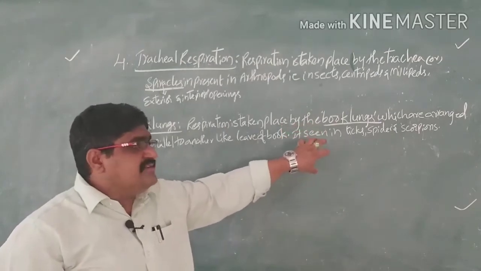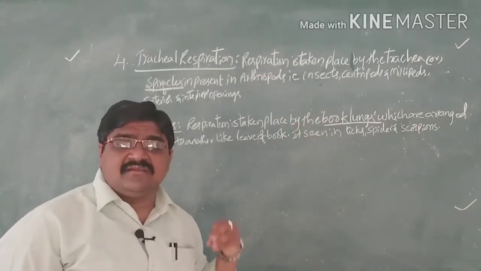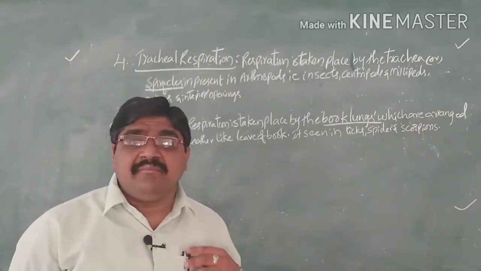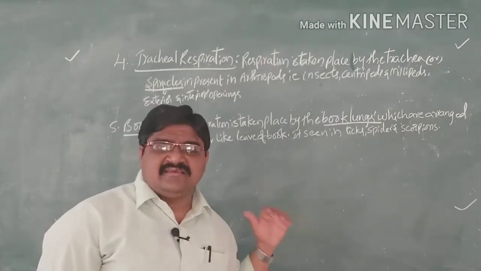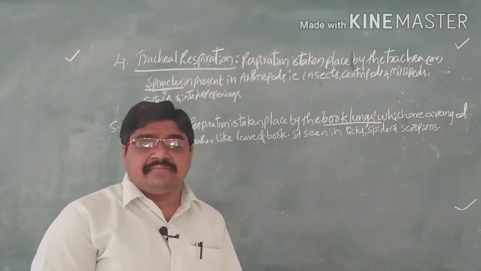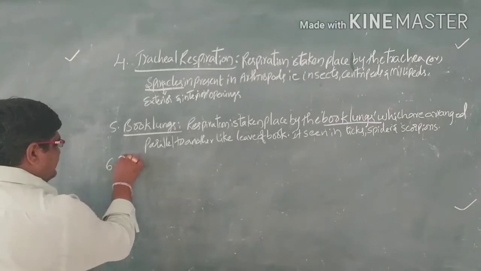Examples are spiders as well as scorpions. These are helpful for exchange of gases. Such types of structures are called book lungs. Next, coming to the last one, that is the lungs.